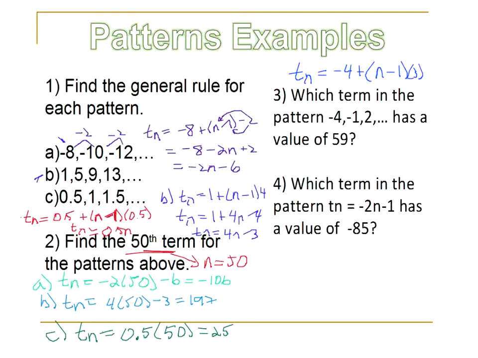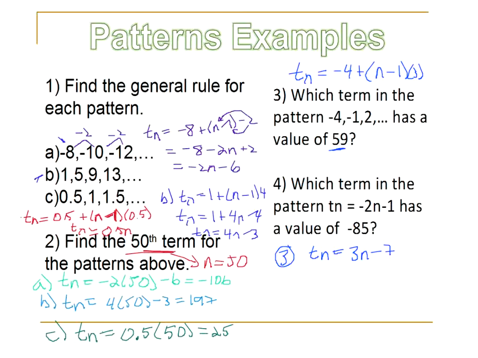And so what this ends up being is Tn equals 3n minus 7.